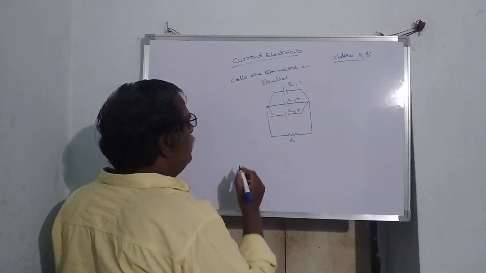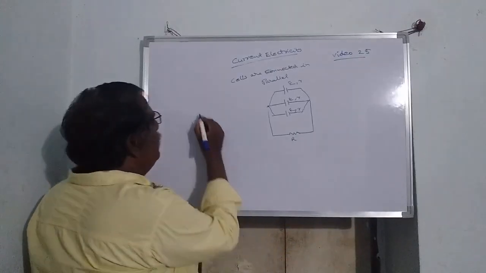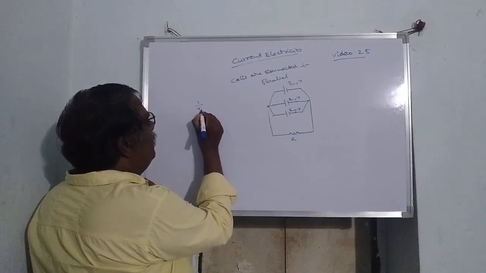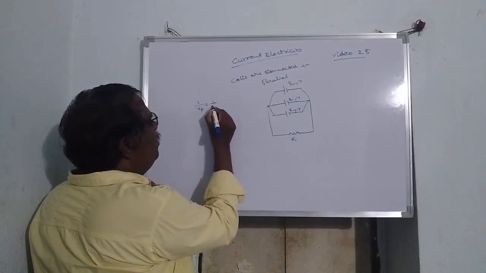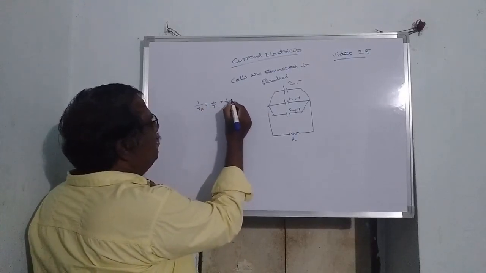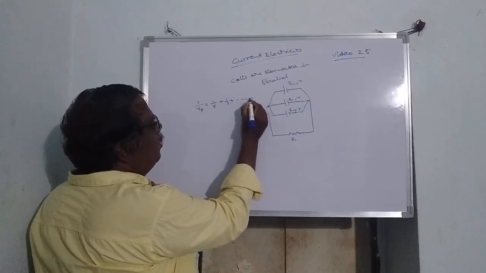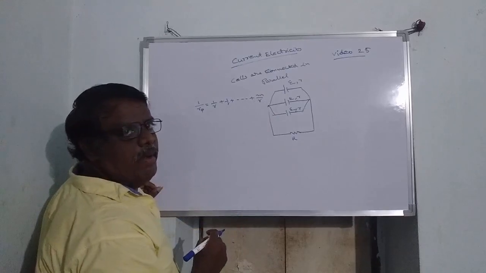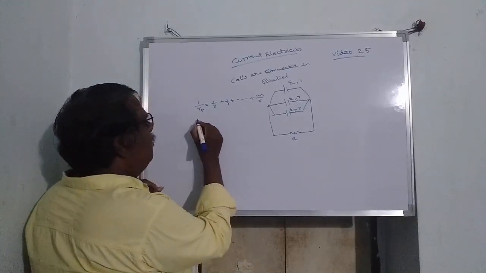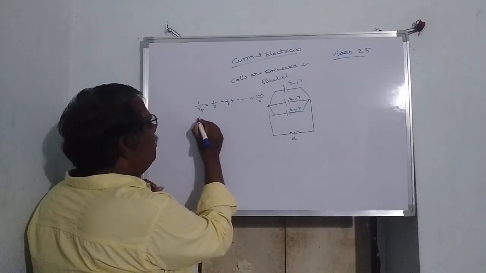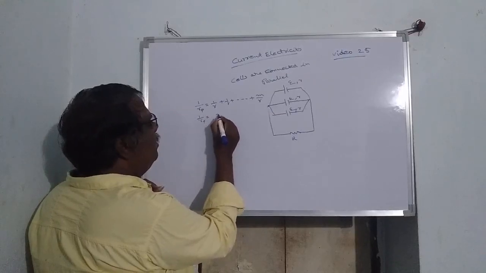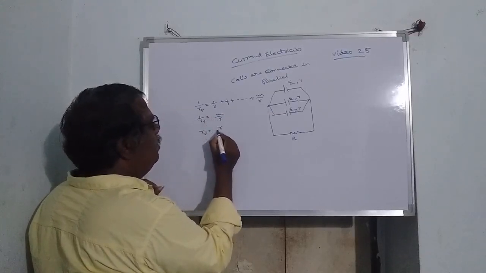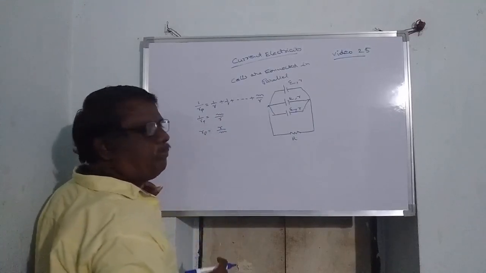So we know that in parallel combination the effective resistance is 1 by r plus 1 by r plus and so on, up to m number of cells, m by r. Therefore 1 by R_P is equal to m by r, R_P is equal to r by m.